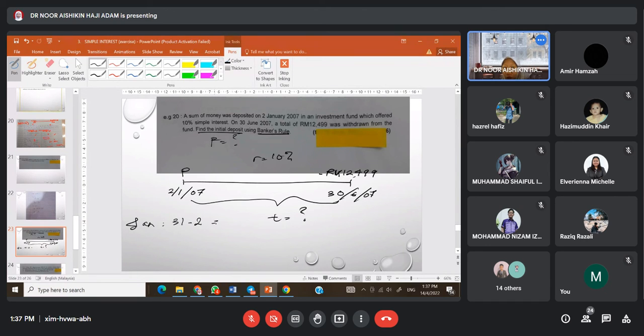31 minus the first 2 days. So you ada 29 days in January. February, how many days? 28. Careful now. 2007. Is that a leap year? No. So kalau bukan leap year, how many days in February? 28.